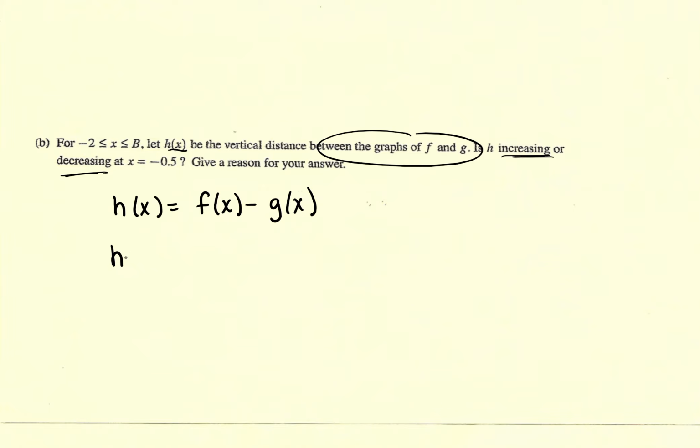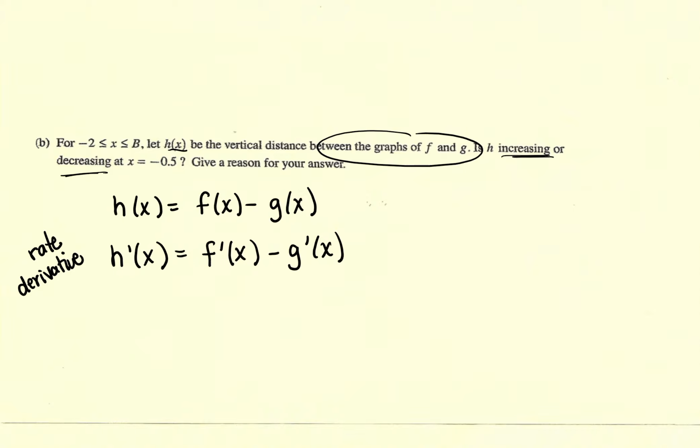So therefore, I need to consider the derivative. Since they're asking about a rate, I need to look at the derivative, because recall, the derivative is a rate of change. So I'm looking at this right here, that rate of change between those two lines.